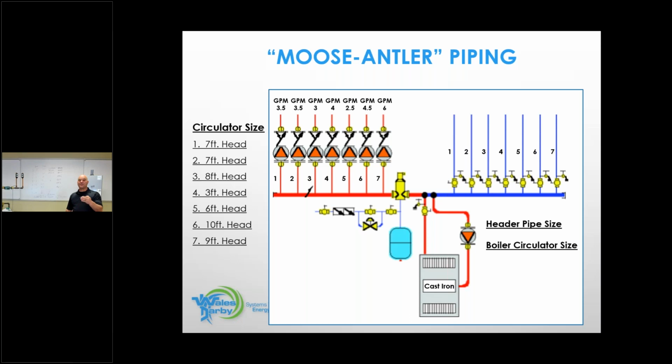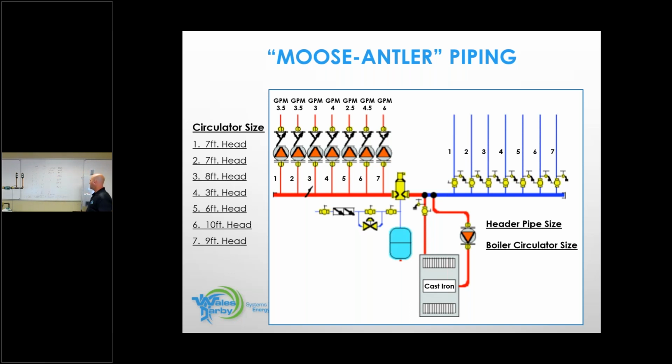And then to size the circulator, I was waiting for this question. We did not get it. You would need to know the head drop of a cast iron boiler. It's usually 2 to 3 feet. So if you went with 2 to 3 feet of pressure drop on that cast iron boiler at 27 GPM, this boiler would need a 0010 circulator on the boiler circuit, the primary, the secondary circuit on the boiler circuit.